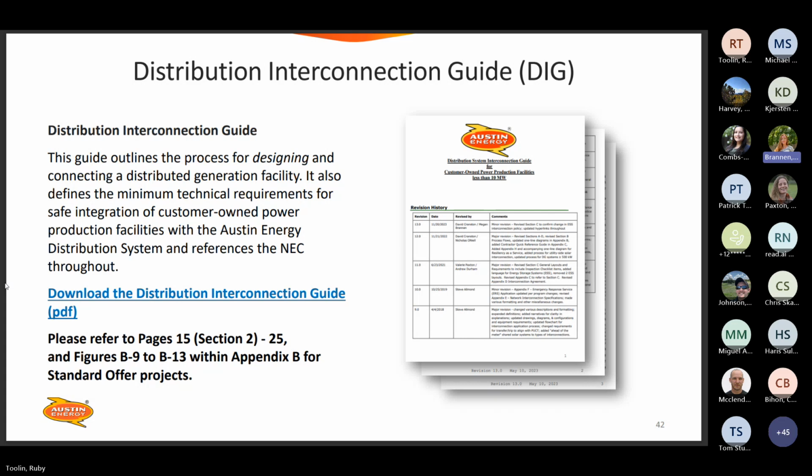Again, you can download that link there and refer to Appendix B for those figures that we were referring to earlier. You also might want to start with pages 15 to 25, which discuss interconnections for systems over 50 kW up to 500 kW, and then from 500 kW up to 10 megawatts. So just keep those sections in mind. That is something that you're going to want to check out as you're looking to start these projects.